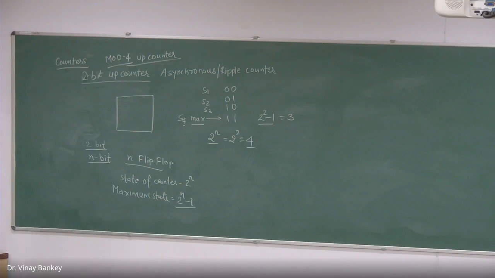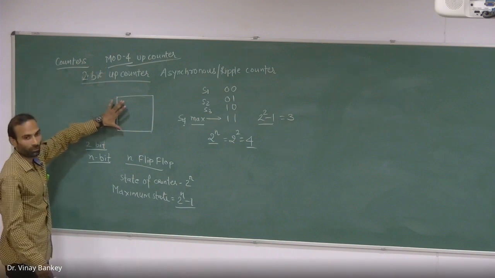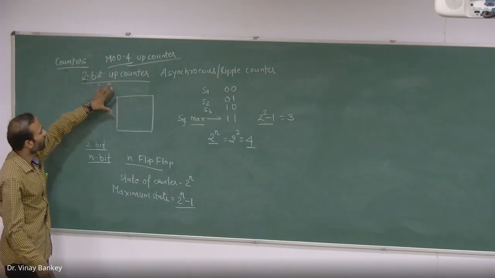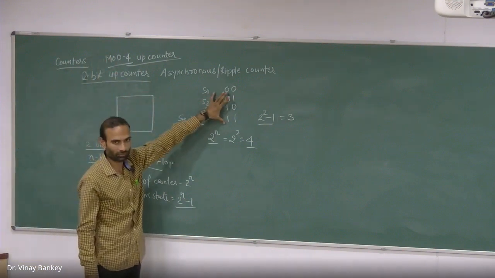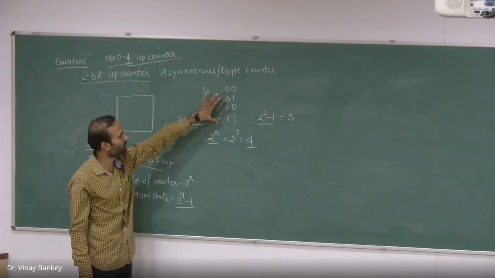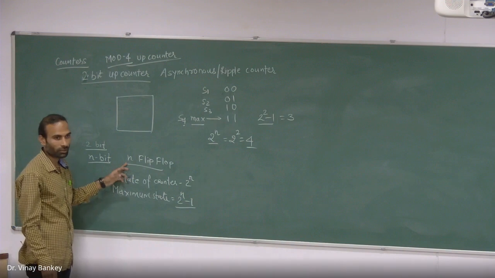So the question can come in this manner also: design a mod 4 up counter, or design an asynchronous mod 4 up counter using JK flip-flops. It means if it is a mod 4 counter, you require two JK flip-flops, because mod 4 means it will have 4 states.